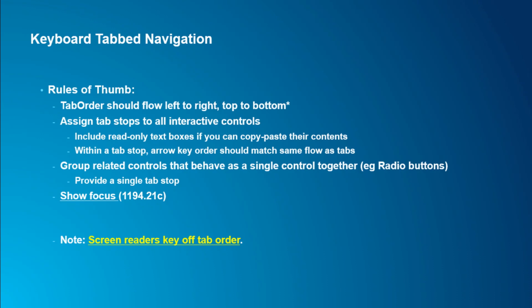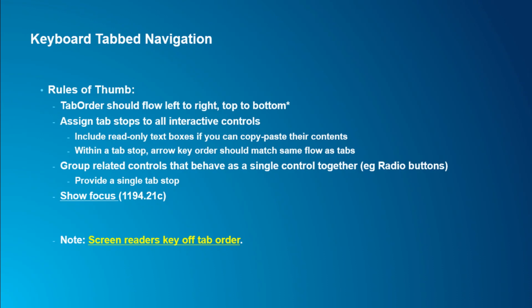I put the asterisk there because if you're doing something for international, it may well be the reverse, okay? But in most cases, it's left to right, top to bottom. You want to assign tab stops to all the interactive controls. So anything that the user can interact with has to have a tab stop. Moreover, if you have read-only text boxes and you want them to be able to copy and paste content out of those, there should be tab stops also.